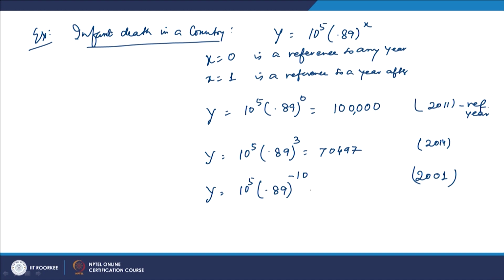If you calculate, it will be 320,700. This value is quite larger than the value now. The value in the past is larger, and from the reference year onwards you have a decay in the value. That is a decay curve. Depending upon the value of b, you will have a growth or decay curve, and you can predict these values.